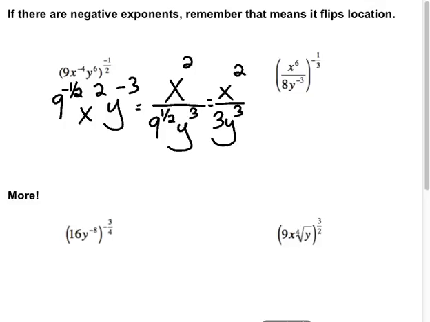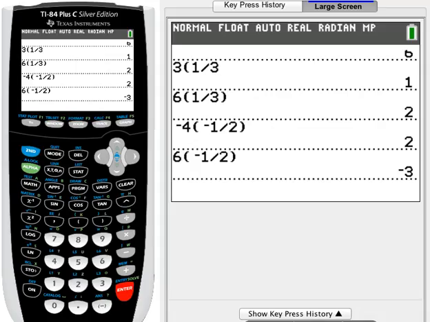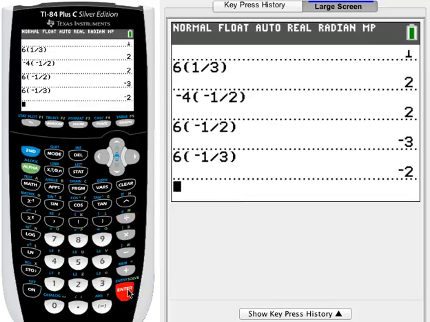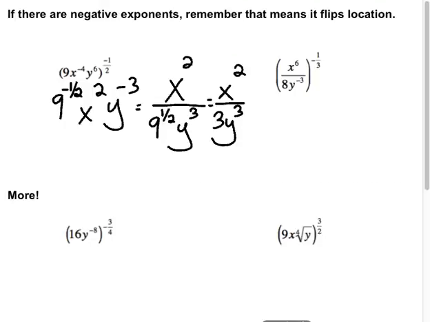So for the 6, power of a power, so I'm going to multiply. So 6 times negative 1/3 is going to give me a negative 2. So I'm going to have x to the negative 2. I'm going to have 8 to the negative 1/3. We'll get back to that in a little bit.